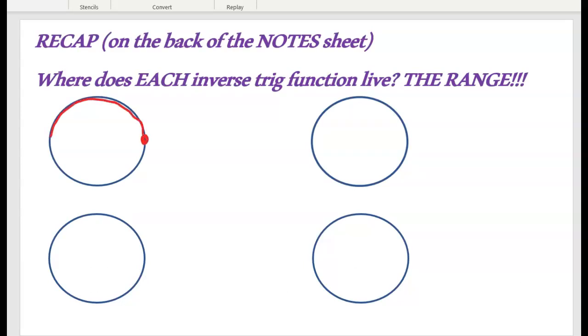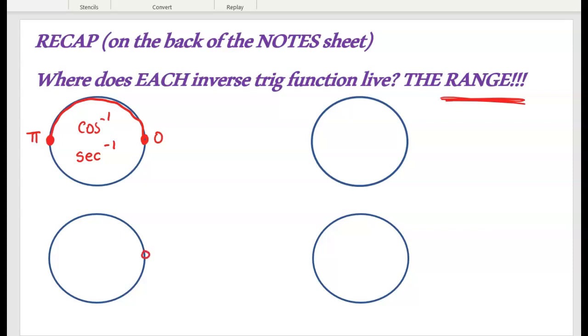Everything I'm about to write you already have in your notes, but I need you to know from 0 to pi inclusive, you have cosine inverse and secant inverse. So the range of cosine inverse and secant inverse is 0 to pi. The answer to any of those problems must be an angle between 0 and pi.